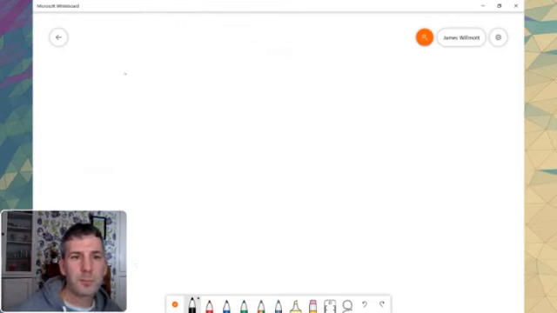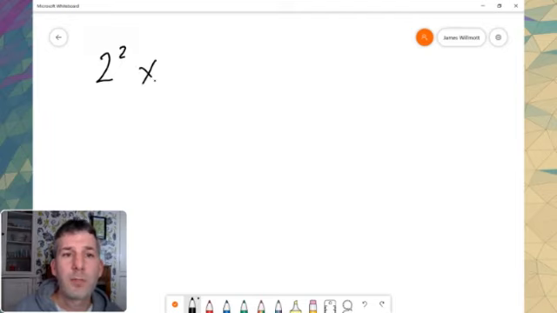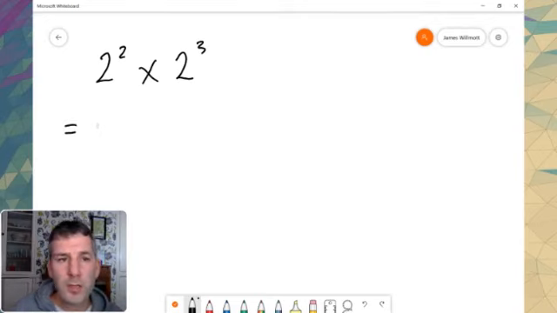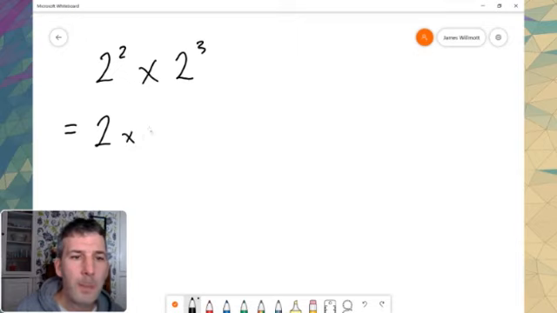Perfect, right. Let's say I had something like 2 squared multiplied by 2 cubed. If we think about what's going on here, we've got 2 squared, or 2 to the power of 2. That means 2 multiplied by 2, 2 times 2.